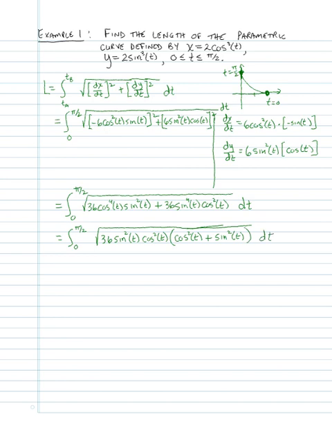And I'm integrating with respect to t. Well, of course, the significance is cosine squared t plus sine squared t is just 1, isn't it? So this becomes the integral from 0 to pi over 2 of simply the square root of 36 sine squared t times cosine squared t with respect to t.